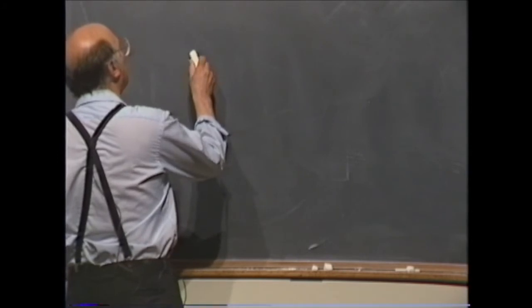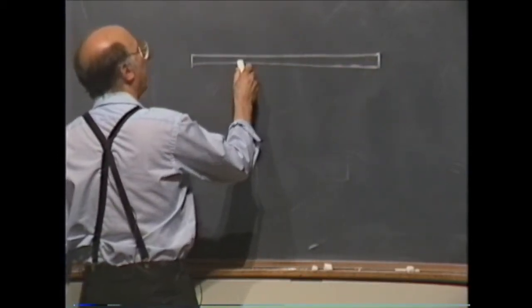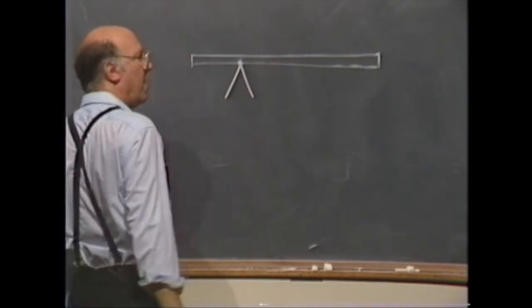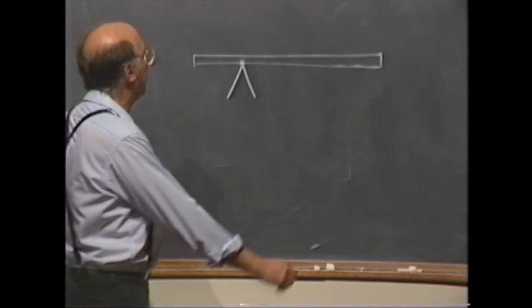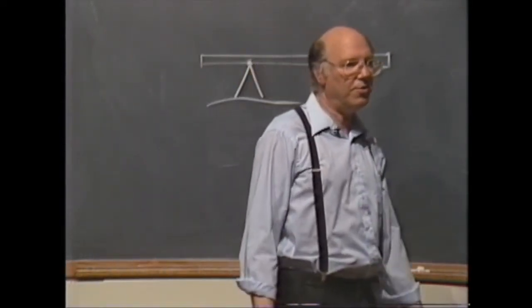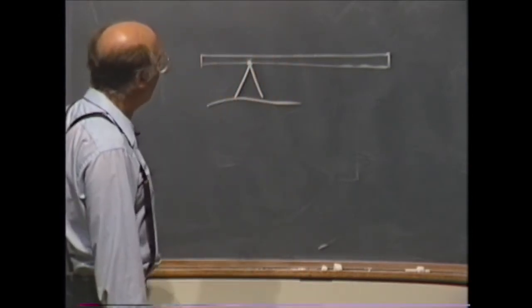There was a long board there, and it was balanced. It could go back and forth, go up and down. Of course, you know what it was. It was a seesaw. And the Greeks knew about seesaws too. They were invented a long time ago.